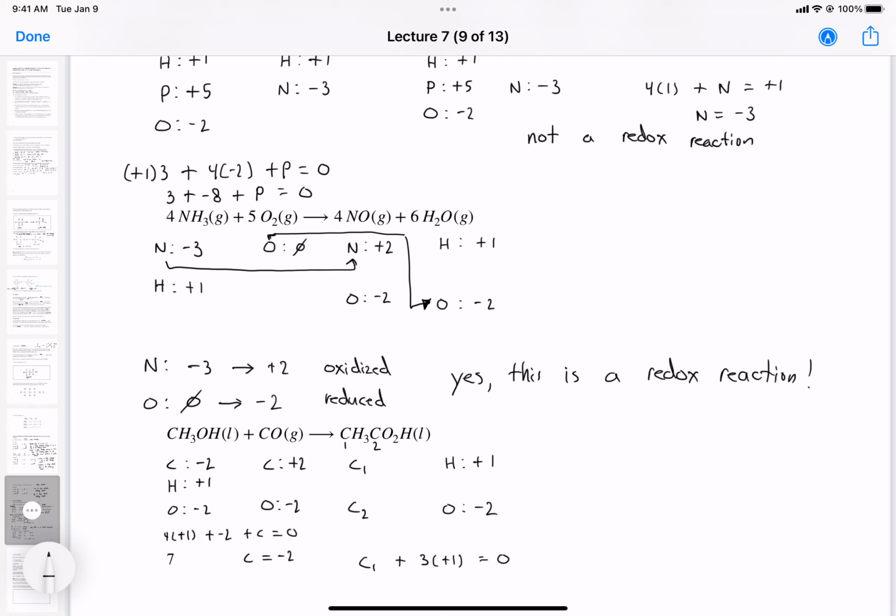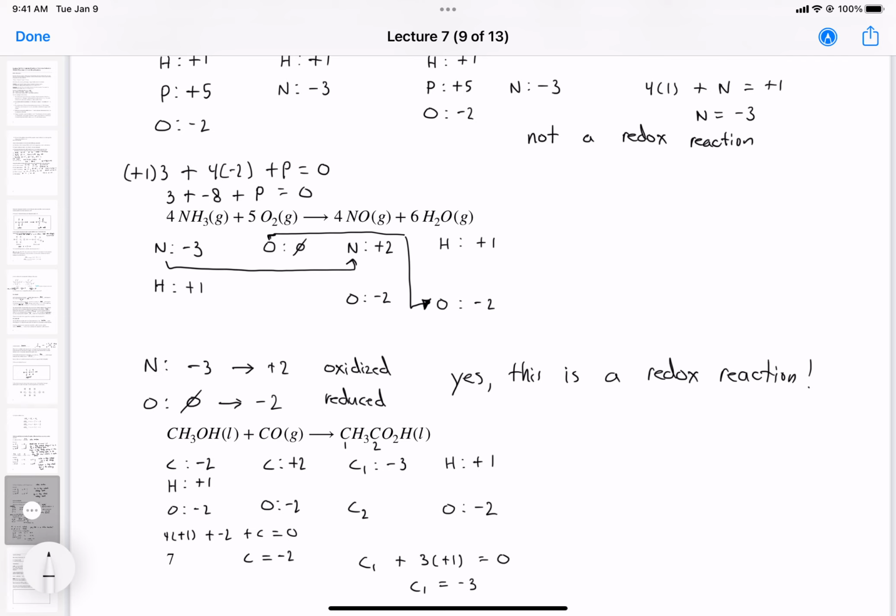We don't consider the neighboring carbon atom because it does not affect the oxidation state. So in this case, carbon 1 must be -3 to cancel the +3. And that's what we determined in our procedure a few pages up.